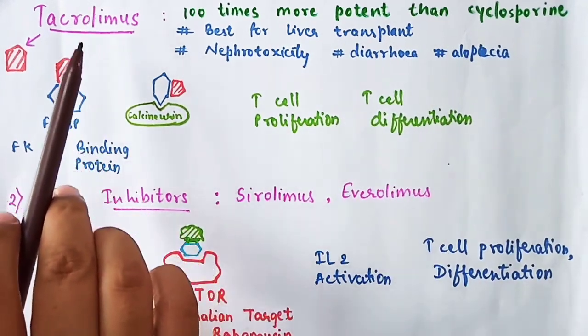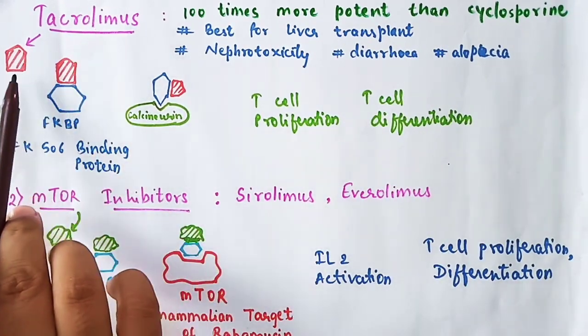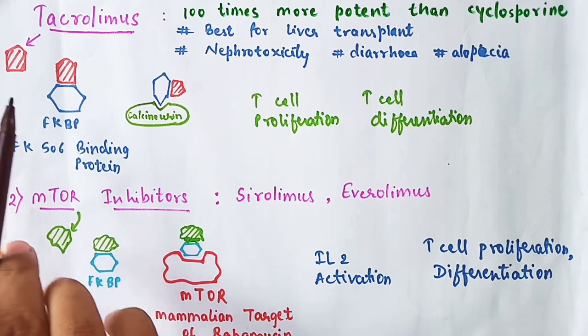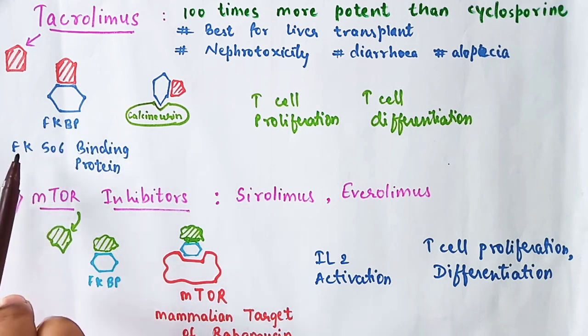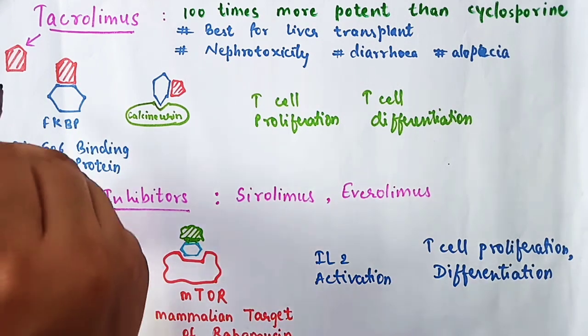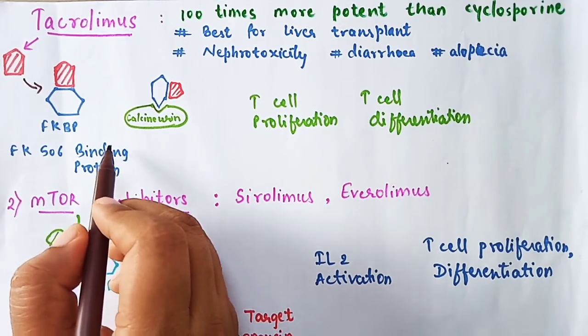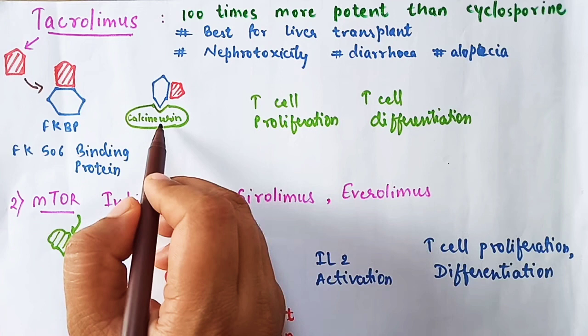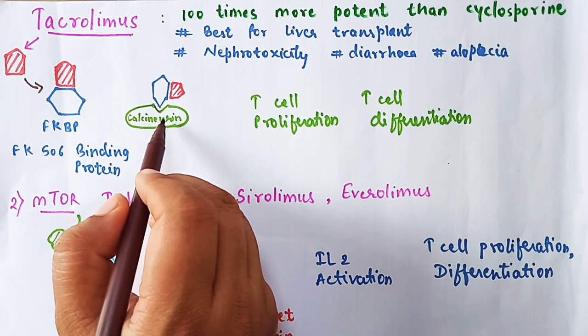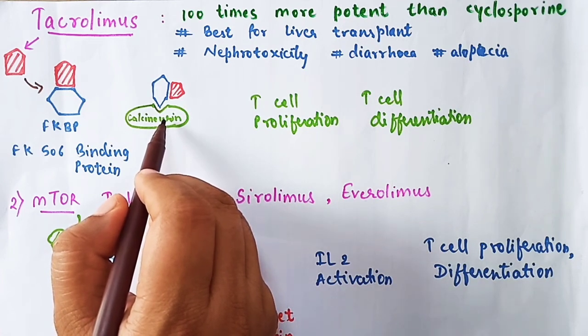So what does tacrolimus do? This is tacrolimus. When it binds to FKBP protein, that is FK506 binding protein, it then acts on calcineurin, which is the same protein on which cyclophilin was acting. This is the same serine threonine phosphatase.